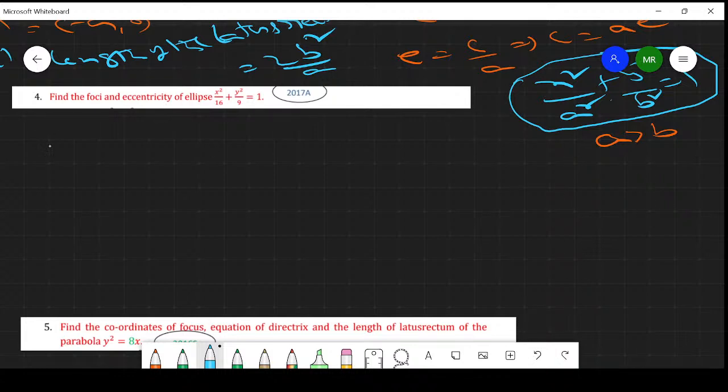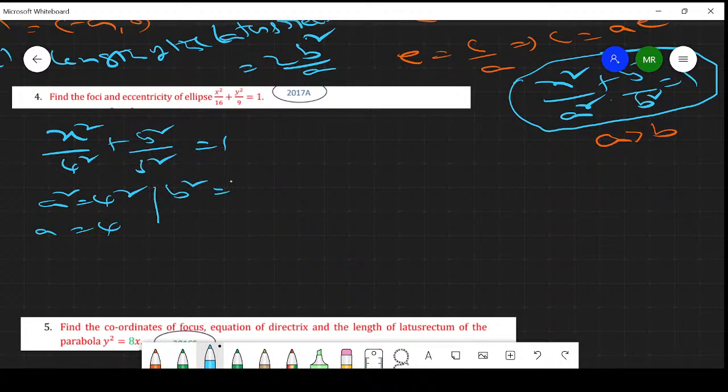Here the given equation is x square by 16, that means 4 square, plus y square by 3 square equal to 1. So here you can see the a value is 4, the b value is 3, and a is greater than b. Same as before, I can write a square is equal to 4 square, so a is equal to 4.